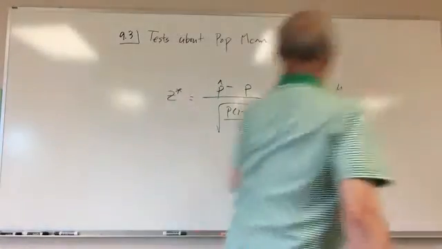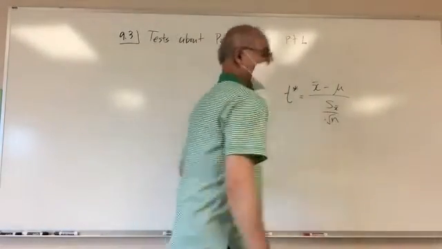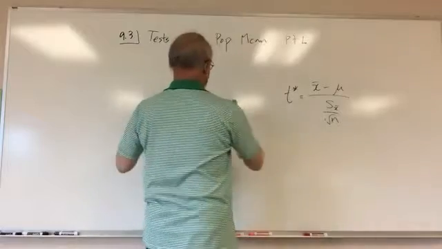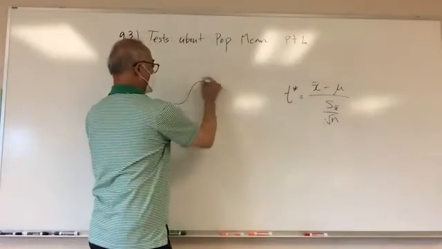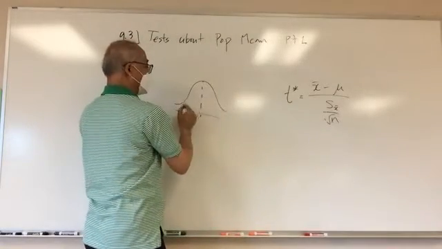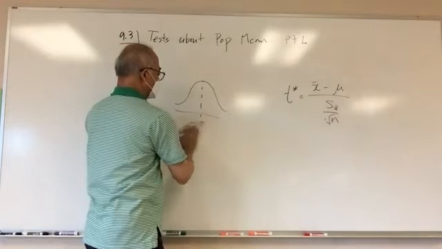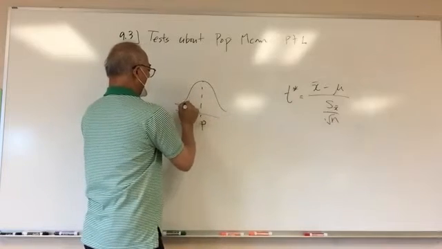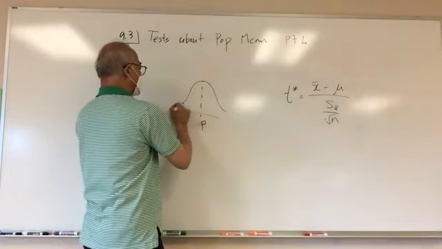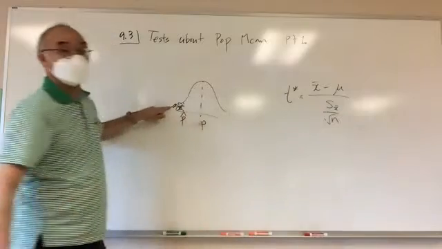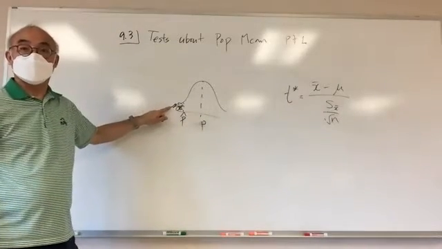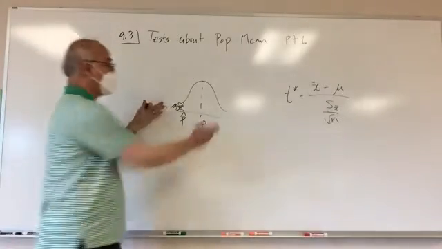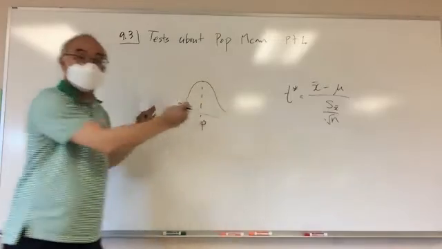When we were doing the proportion, remember, we went like this, and this was the p, and this was the p hat, and we were looking for this, and we said this area here was going to be our p-value, right? It was one-sided, or if two-sided, use both tails. It's going to be the same thing here.